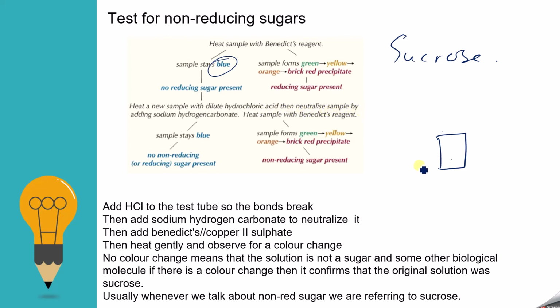So we've added hydrochloric acid, so the bonds of the sugar, because we know it's a disaccharide, we can break. So we can break this bond right here, and we know what sucrose is made of. It's made up of glucose and fructose.